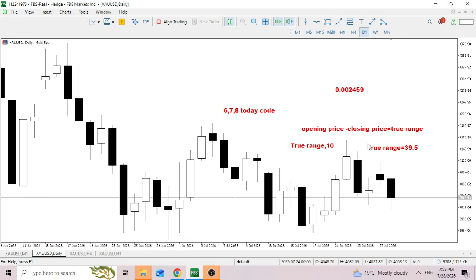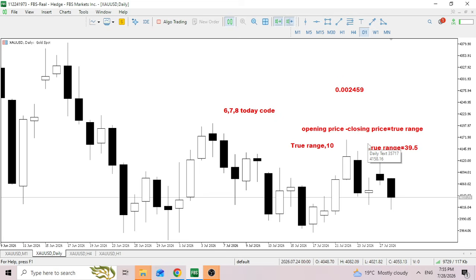39.5. Now, if I ask you how many pips gold moved, you will raise your voice and tell me 9.5. Are you mad? Gold has moved 395 pips. So if you take that number, you multiply by 10, because we are dealing with the volatility of gold.